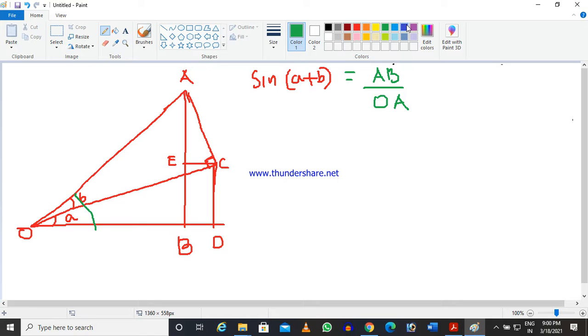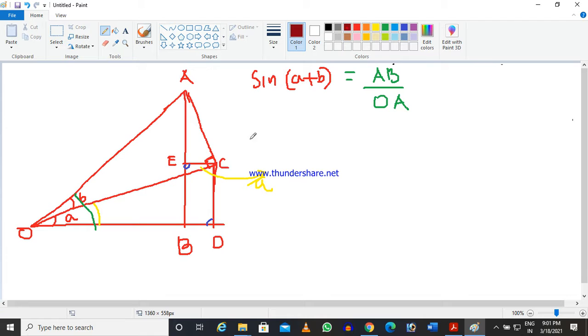Now one more thing we will learn from here. The lines EC and OD are parallel, because this angle and this angle are 90 degrees. So if this angle is A, then this angle is also A.